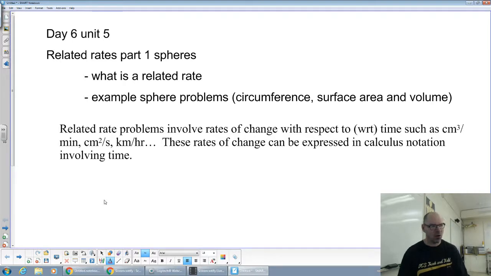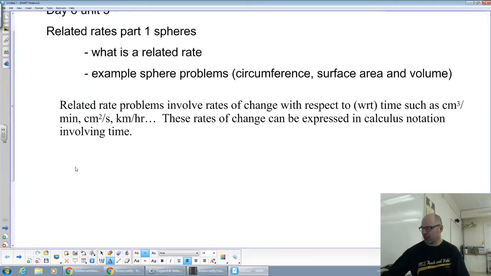That slope is something over top of something else. If you remember, slope is rise over run. And a rate is the same kind of thing. It's a quantity over time. So we can use calculus derivatives to express rates of change, or rate type expressions.